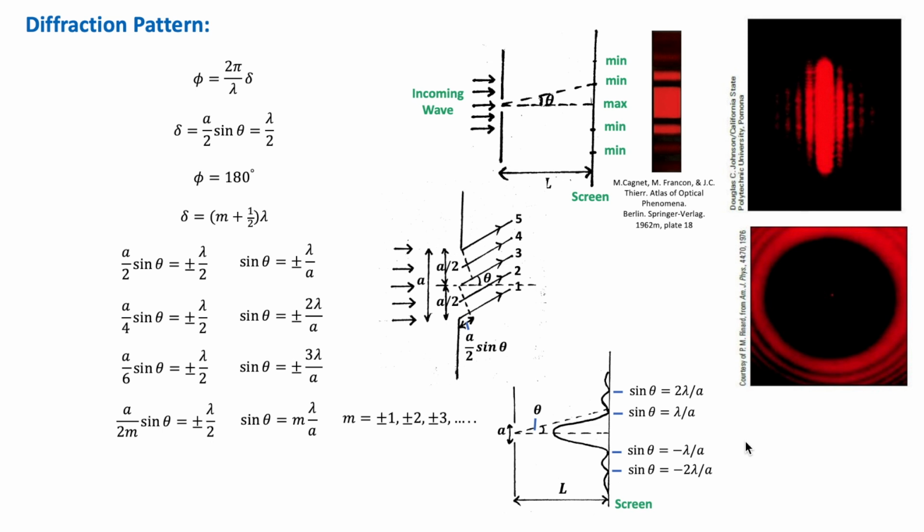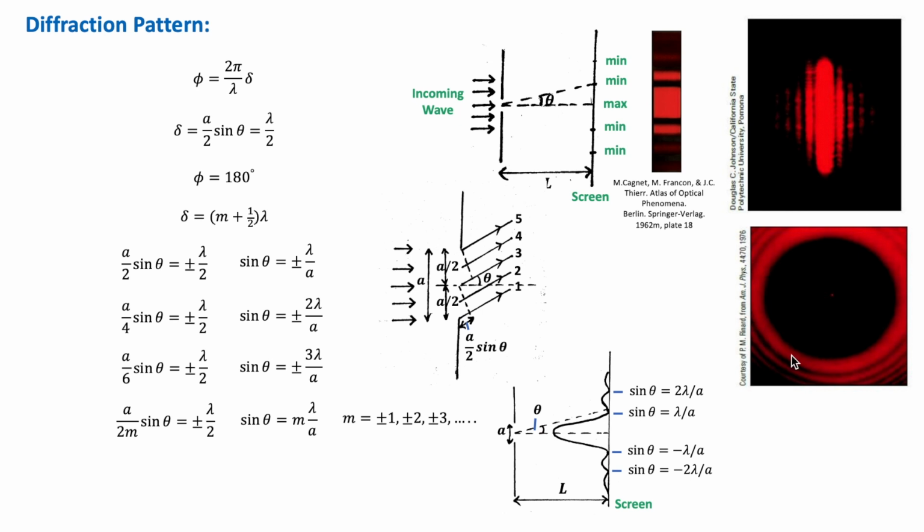So the figure here also shows light diffracted from a penny. And you can see the bright and dark rings of the diffraction pattern. And there is a central maxima here, a small central bright spot.